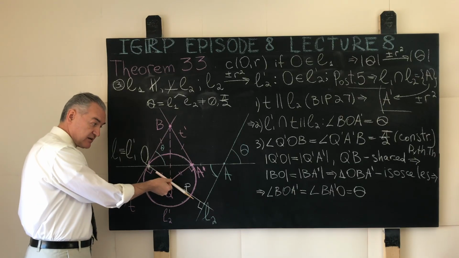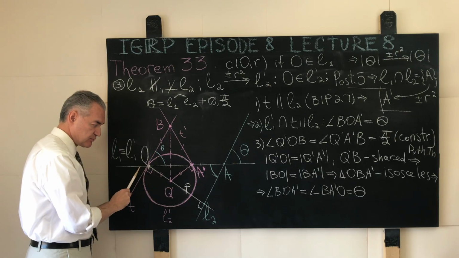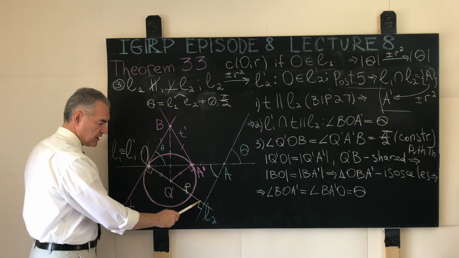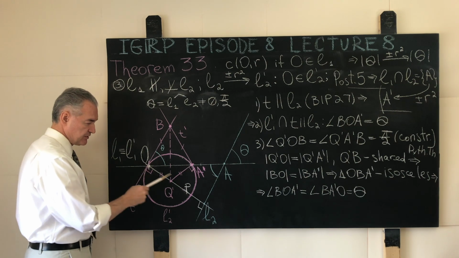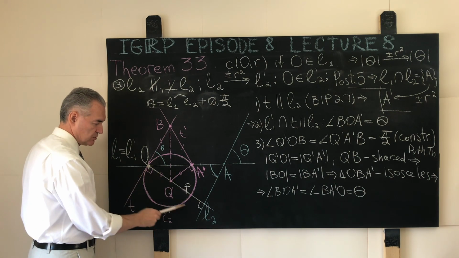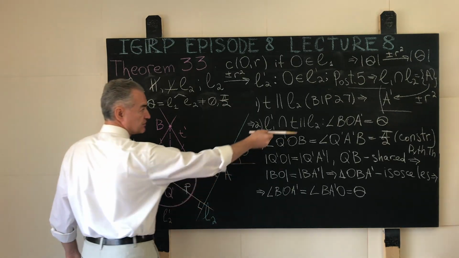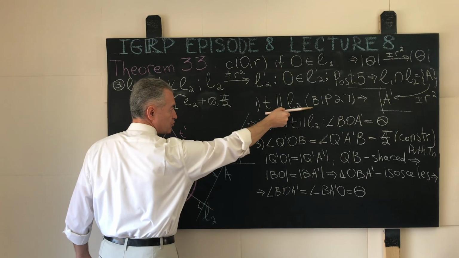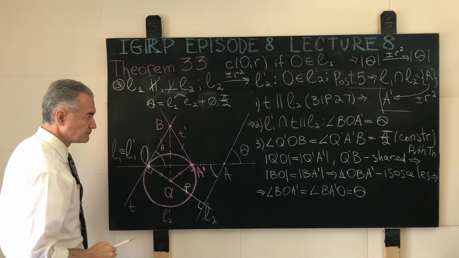We have that exactly that straight line of centers, which contains the radius to which the tangent is perpendicular, falls on two straight lines, T and L2, in such a way that it makes the alternate angles, for example this one and this one, or this one and this one, equal to one another. Consequently, the conclusion follows. The tangent T to the red image circle L prime 2 drawn through the center of inversion will be parallel to the original pre-image straight line L2.